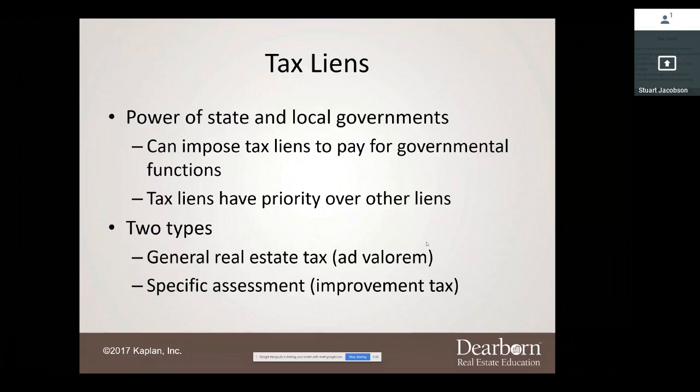Now, I want to just say this about assessed value. Assessed value is not the same as market value. When we talk about appraisals and market value, what you could get for your home at fair market value, that is going to be different from your assessed value.